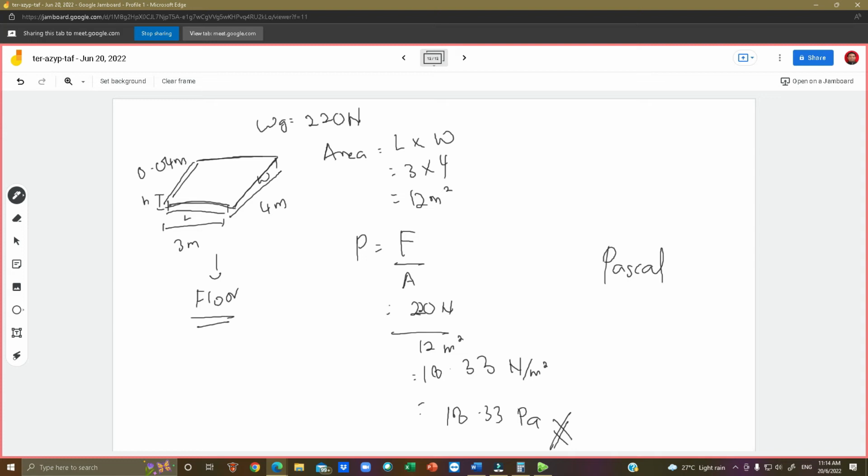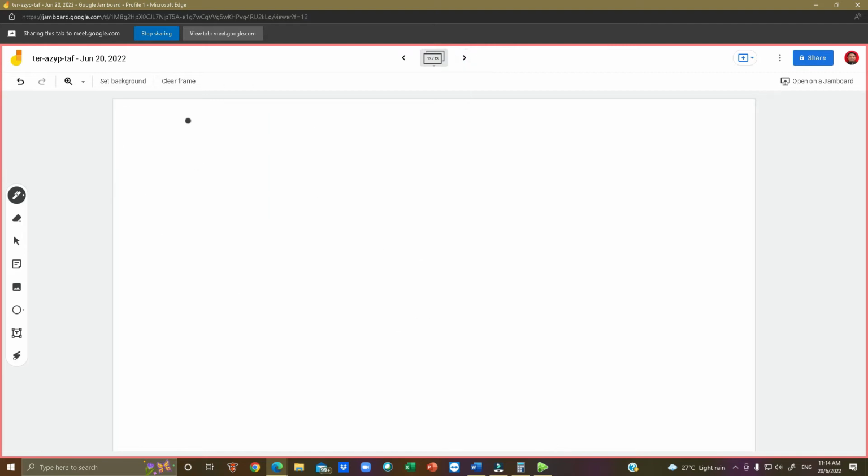Okay. Alright. Another example. Let's say kita ada orang. Kita nak ambil satu bahagian ni. Kita ambil bahagian vertebra ni. L5. Okay, vertebra L5.